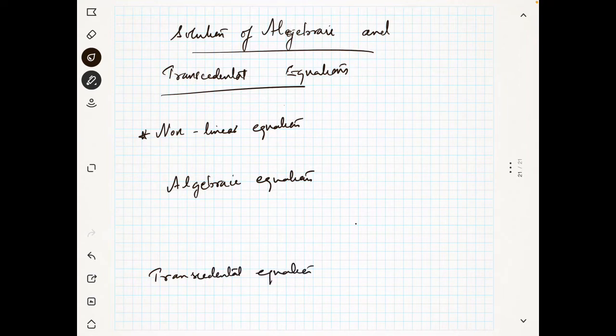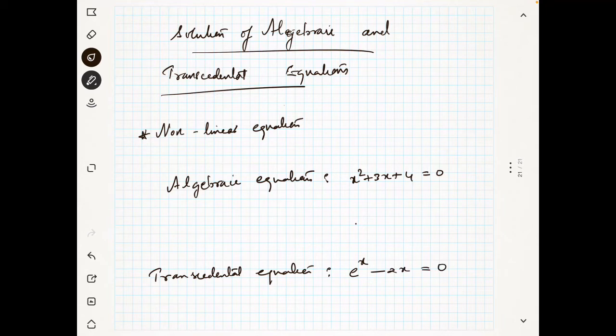Okay, so for example, for an algebraic equation, consider an equation f of x, let's say f of x, for example, x square plus 3x plus 4 is equal to 0. This is an algebraic equation. Now in the case of a transcendental equation, for example, e power x minus 2x is equal to 0. This is a transcendental equation.